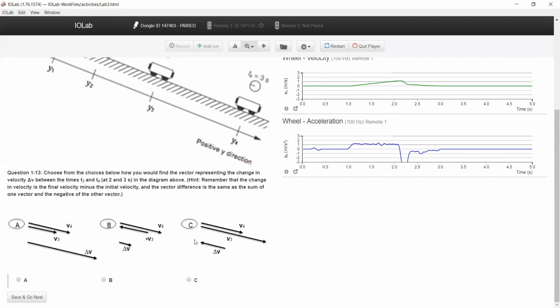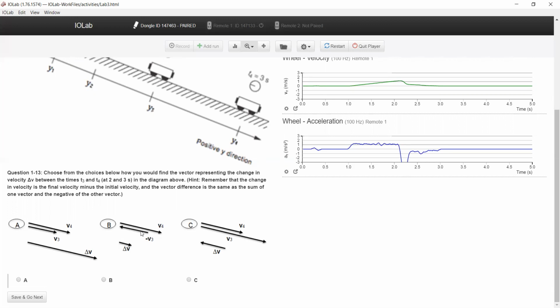But next thing, v4 has to be longer than v3. In this one v4 is longer, but we are doing minus v3. That is giving the rate of change. The positive one is longer than the negative one, so it should be slightly towards the positive, and that will give delta v.